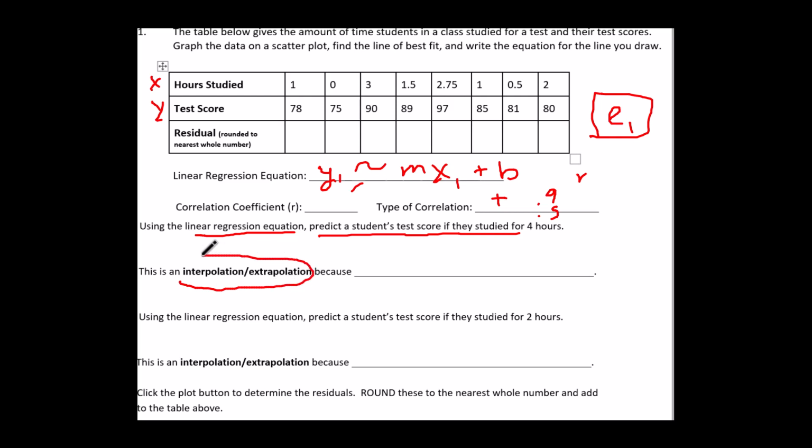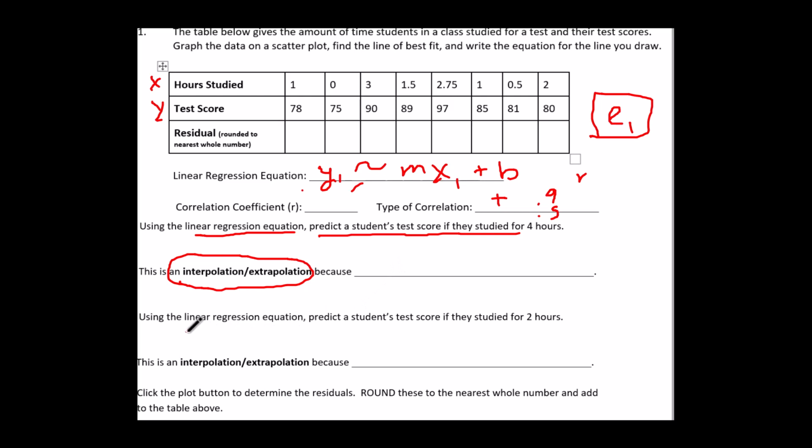So these are two words that you'll see on the test that are not in the book. Interpolation, extrapolation, because we are interpreting what that's going to be with the regression line, which predicts but doesn't always accurately give us the score.